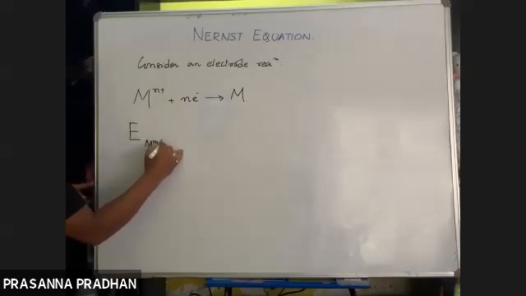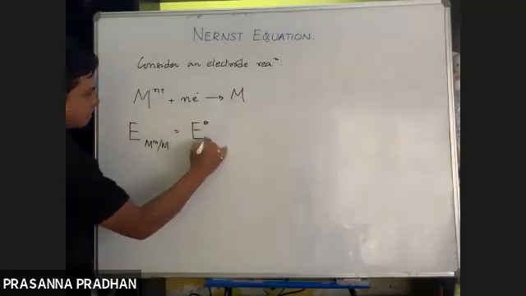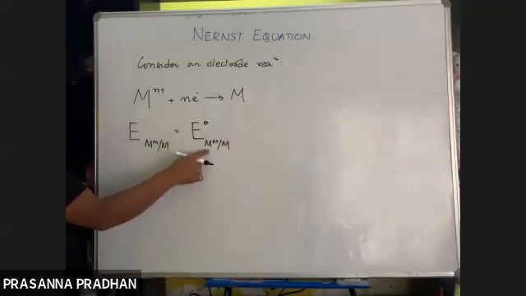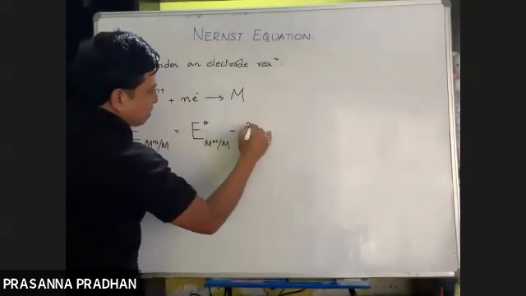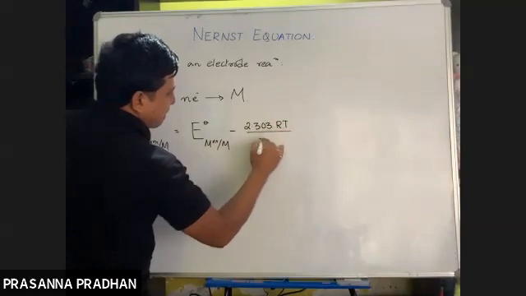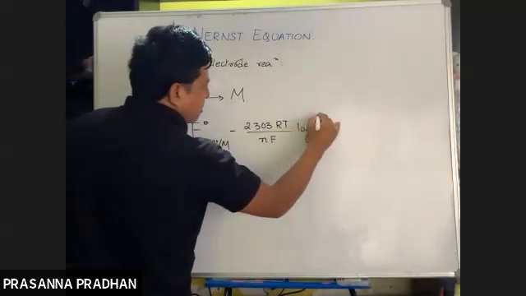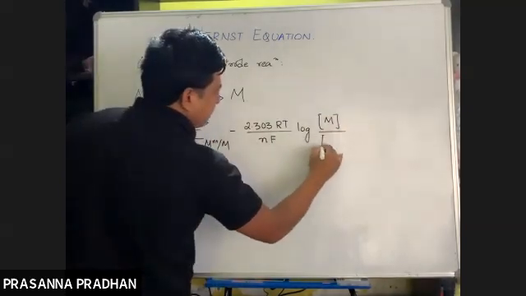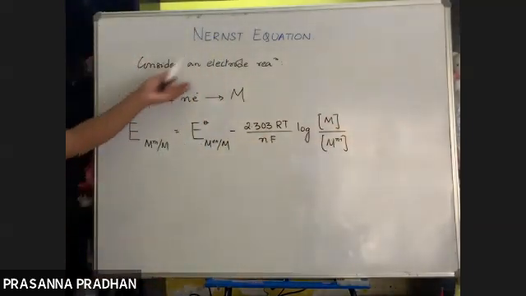Mn+ is getting reduced to M. This will be equal to E naught of Mn+/M, which is the standard reduction potential, minus 2.303 RT by nF, log of the concentration of the species in the product divided by the concentration of the species in the reactant. So this is the Nernst equation for a general electrode reaction.